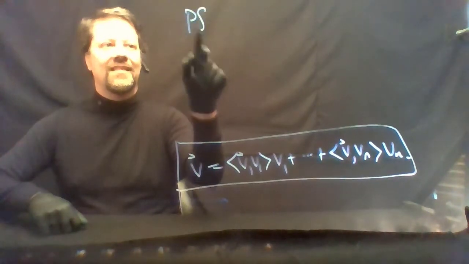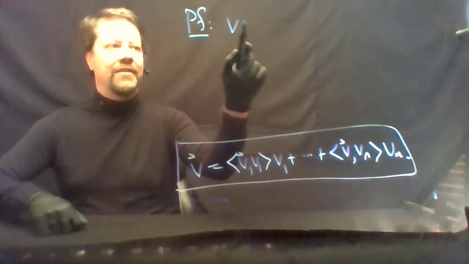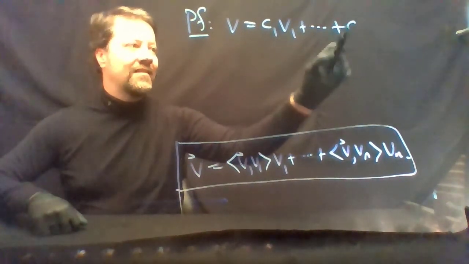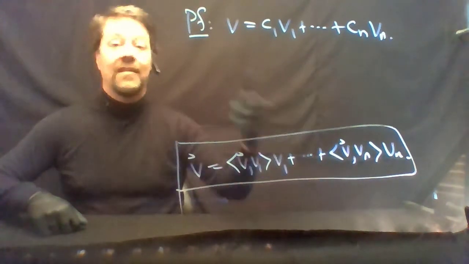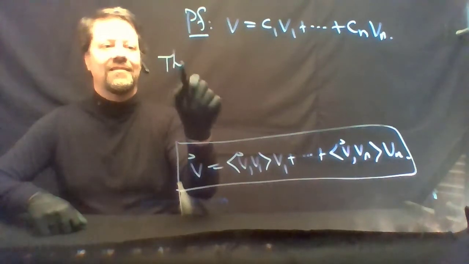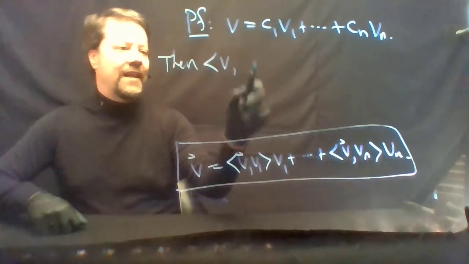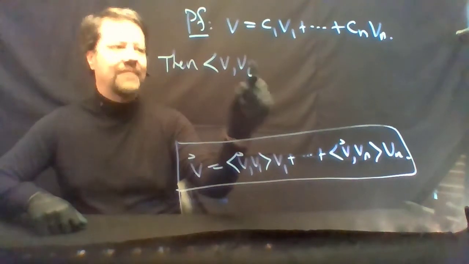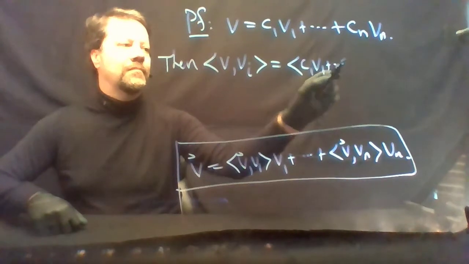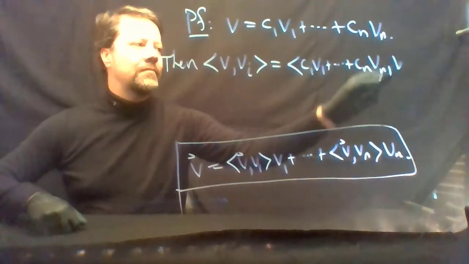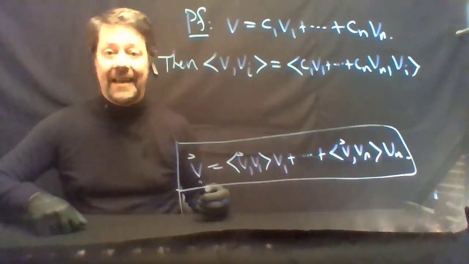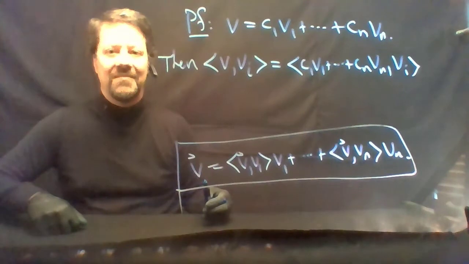To prove this, note that any vector v can be expressed as a linear combination of elements in a basis. Our job is to determine what the coefficients are. If we take the inner product of v with vi, because vj is orthogonal to vi, when you take its inner product, you get 0.